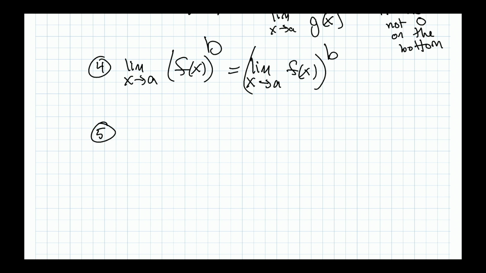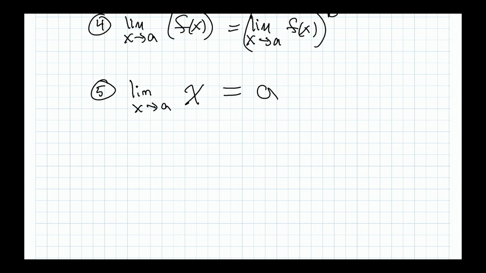Here's a couple basic ones that are useful to know. If you have the limit as x approaches a of x, what do you think that limit is? How about a? That's easy, right? But think about this.